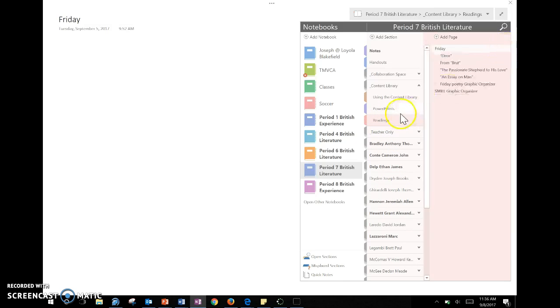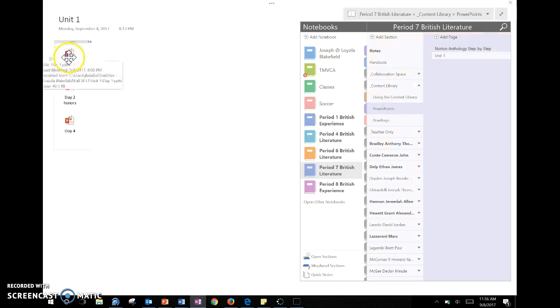As you see in here, one of the categories that I have in my content library is PowerPoints, where we upload our daily PowerPoints directly into this notebook. And what this really allows the students to potentially do is create their own content-specific PowerPoints that they can then share with their other classmates.